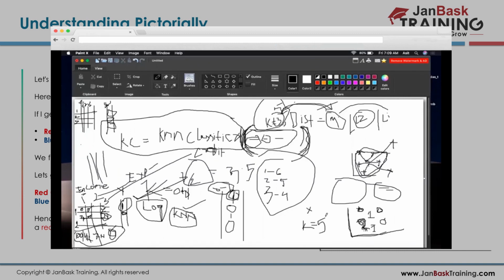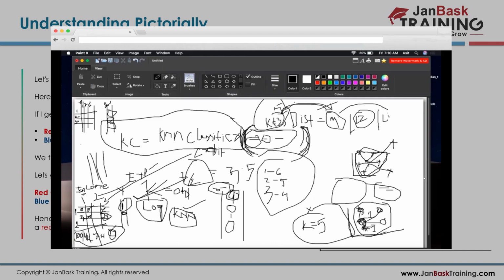So you have given k equal to 5. What it will do is check the nearest neighbors. This question mark, this test data point, will identify its 5 nearest neighbors. You have plotted 0 1 0 1, all the values, right?